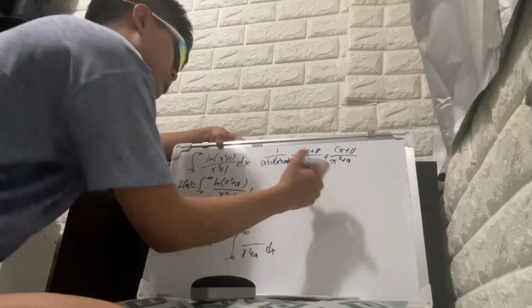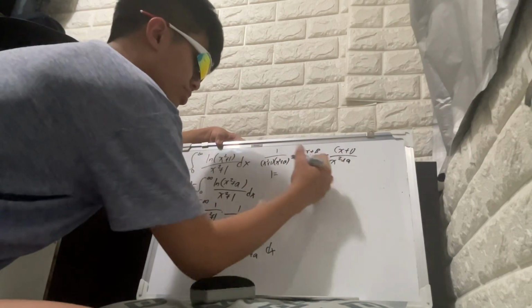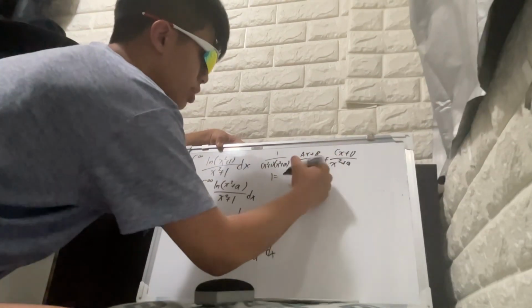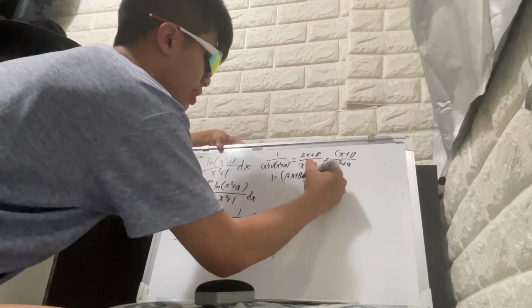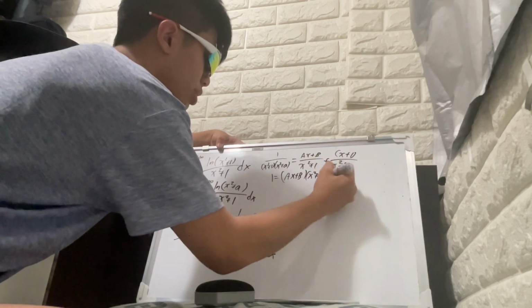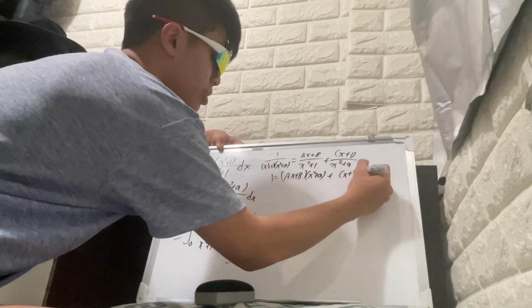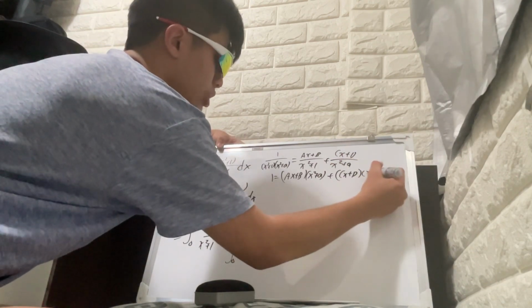Then multiply by the denominators on both sides, and you will get 1 equals (Ax plus B) multiplied by (x squared plus a), plus (Cx plus D) multiplied by (x squared plus 1).